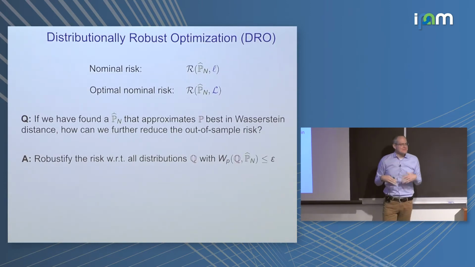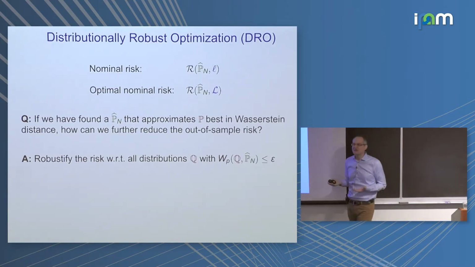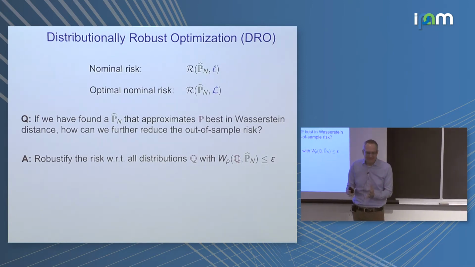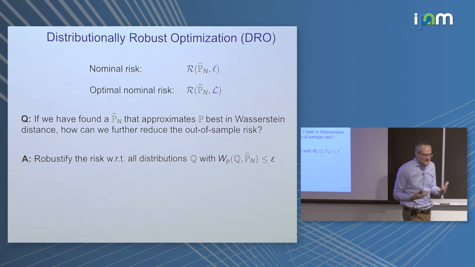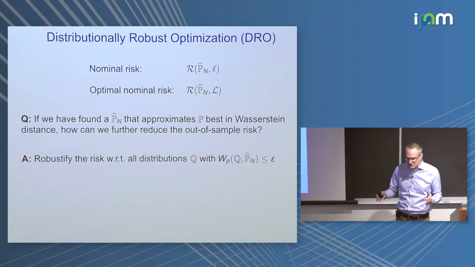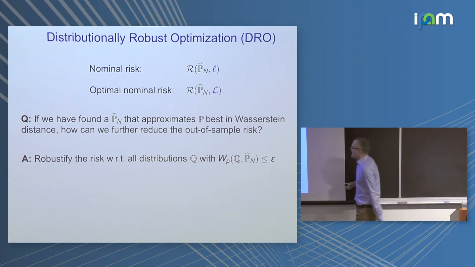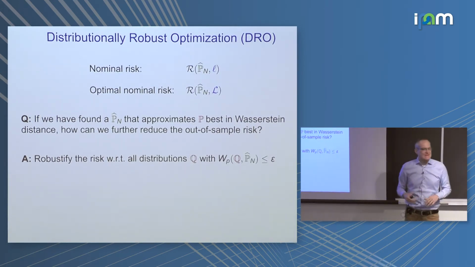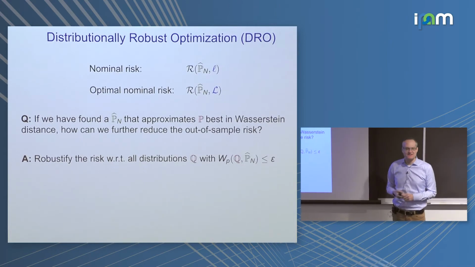So this preliminary analysis suggests that if we would like to have low estimation errors in the risk, then we should try to find estimators that have a small Wasserstein distance to the unknown true distribution. Unfortunately, no estimator is perfect, and if we're given a finite set of samples, then there are fundamental performance limitations to estimators.